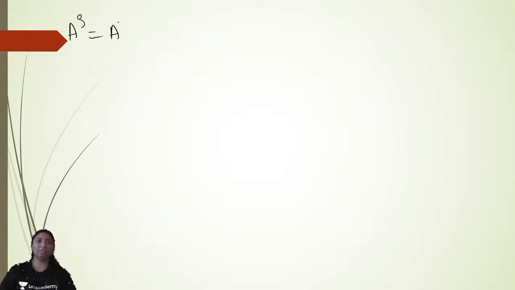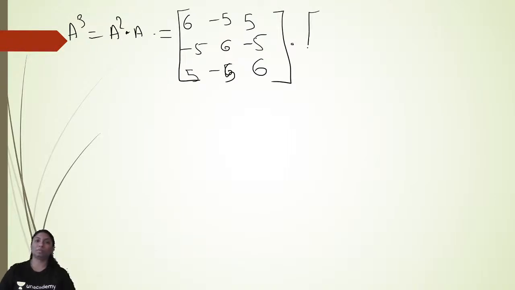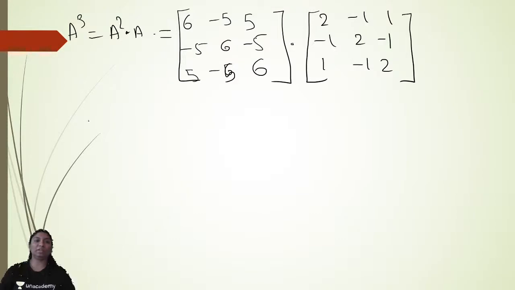A cube is equal to A square into A. So which is equal to 6 minus 5 5, minus 5 6 minus 5, 5 minus 5 6, into A. A is given 2 minus 1 1, minus 1 2 minus 1, 1 minus 1 2. A cube is equal to this.